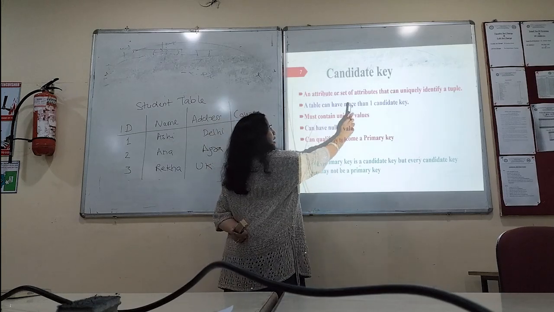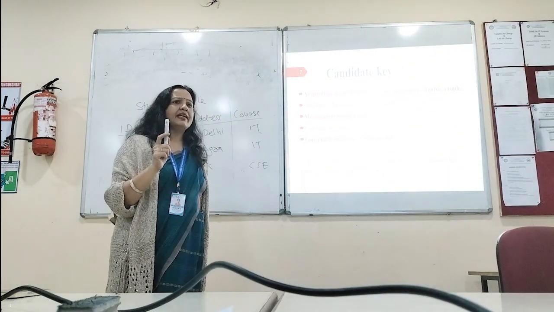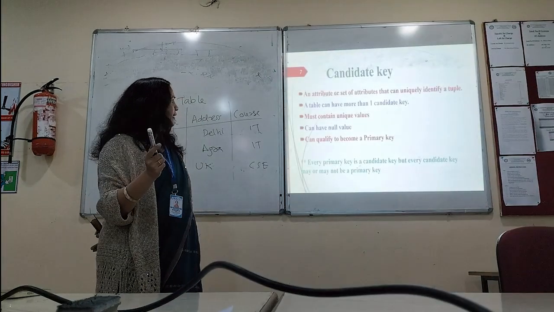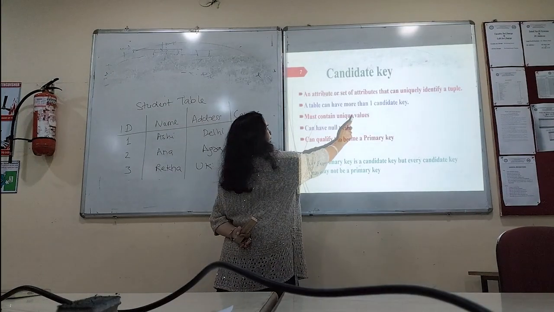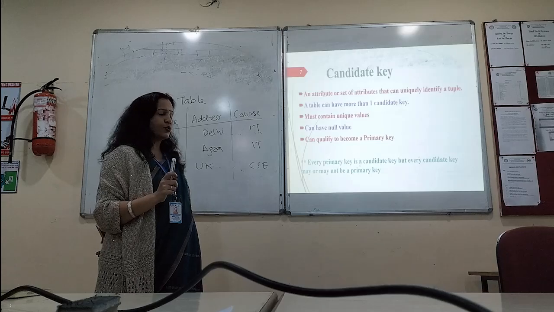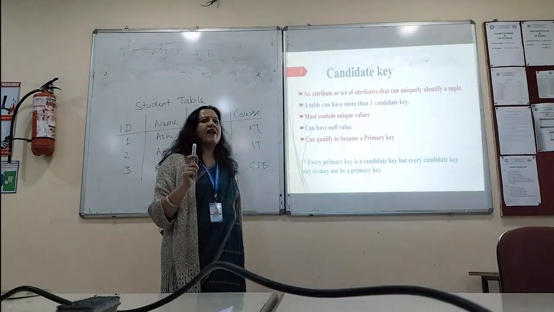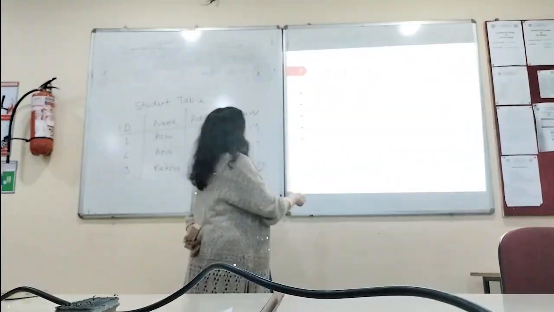A table can have more than one candidate key. So you can have one candidate key or maybe more than one candidate key for a table. Next point is it must contain unique values. Like primary key, it must have unique values only. We cannot repeat the value of a candidate key, right?